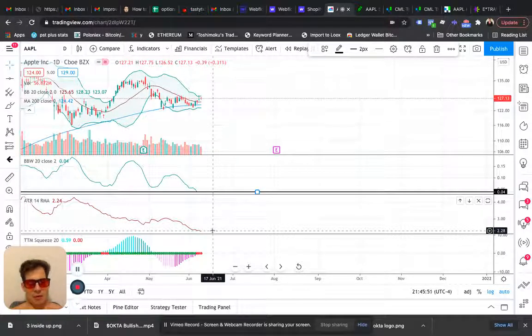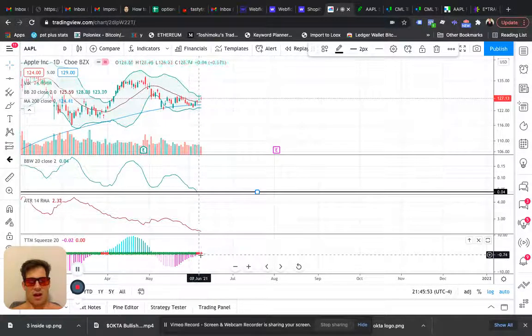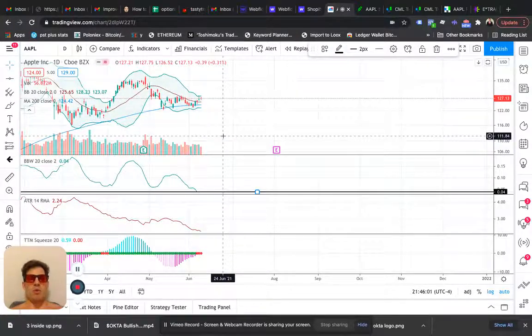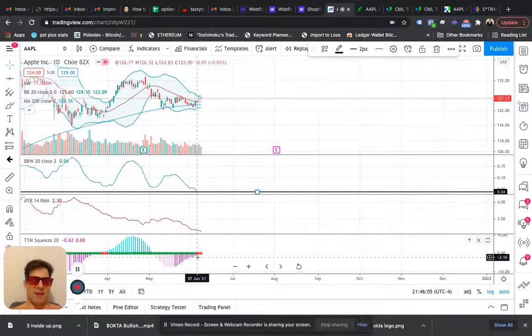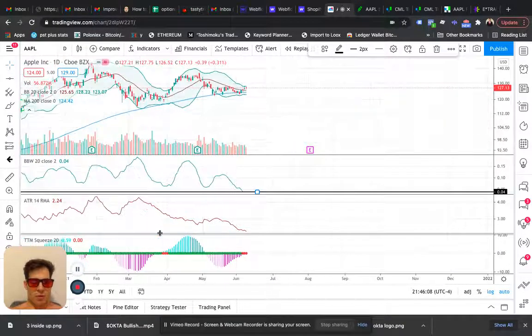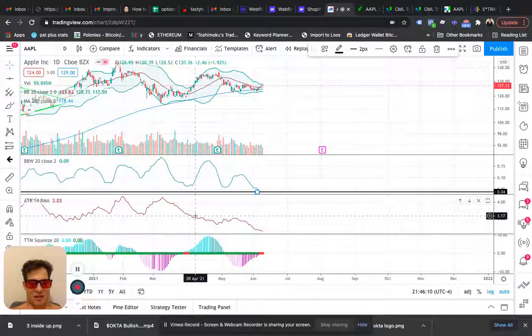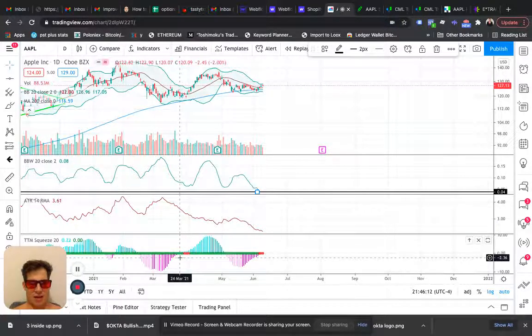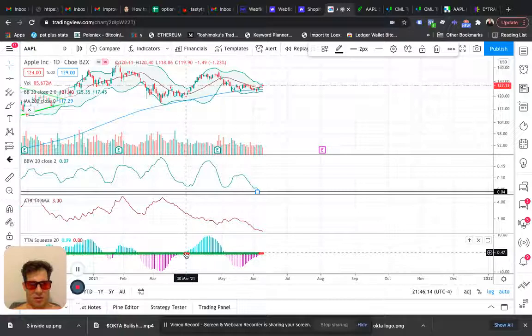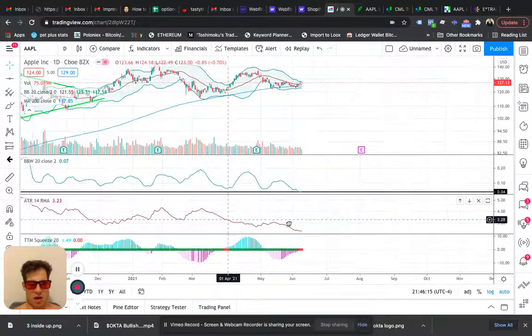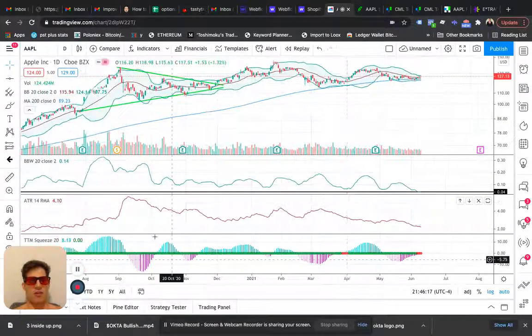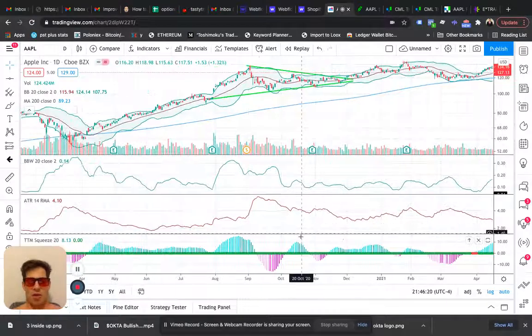Below that is something called the TTM squeeze. It's another measurement of volatility. When volatility gets really low, this prints red dots. If we do a little visual backtesting, let's see the last time it printed red dots. You can see it made a big break to the upside. The red dots mean that it's going to make a break. It could make a break to the upside or the downside.